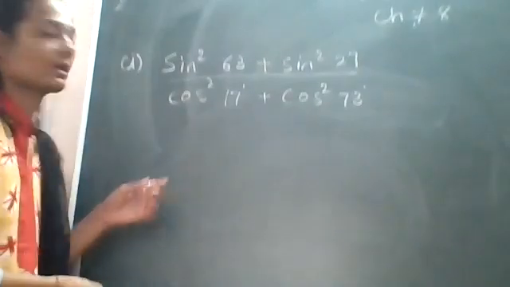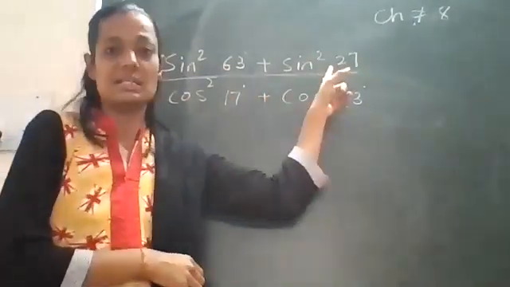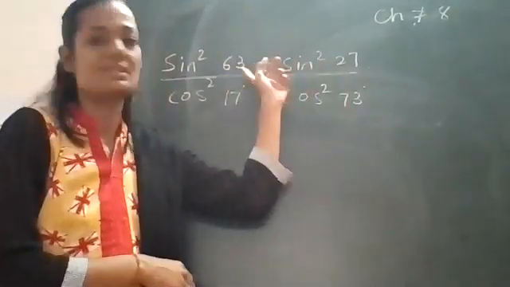Let's start now. Our first question is sin square 63 degree plus sin square 27 divided by cos square 17 plus cos square 73. Now here students, what will you do? You have to convert them into one of these. Sin square is here, so here we want cos square theta, but theta should be equal, means 63 we want.